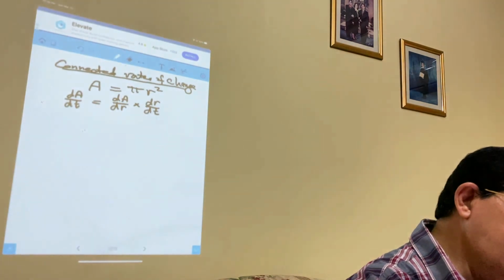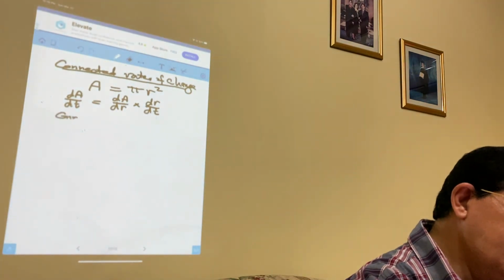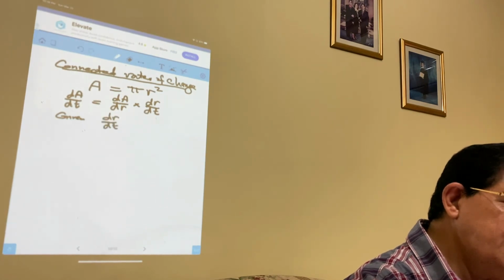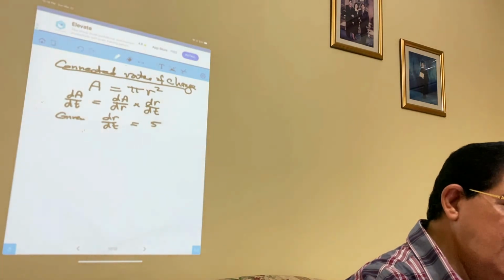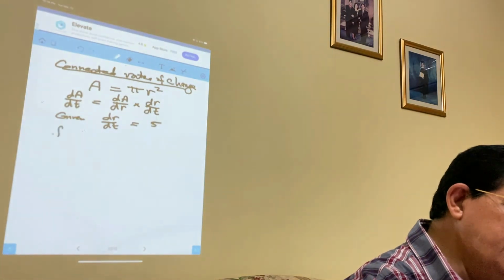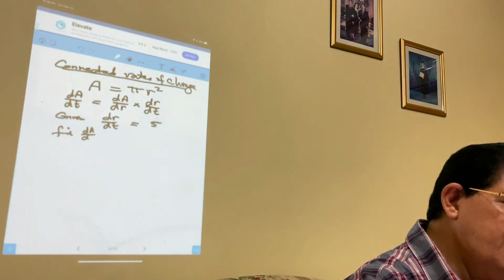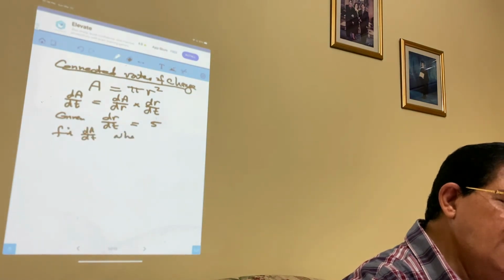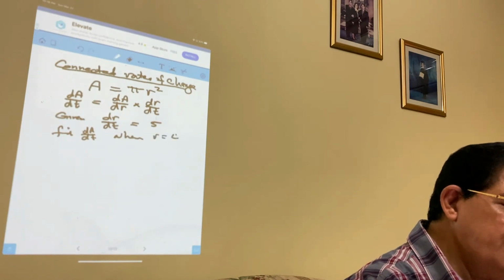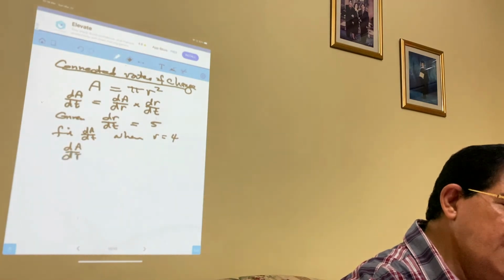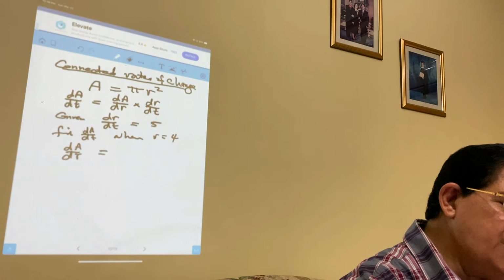Therefore, if it is given that dr by dt equal 5, and we are asked to find dA by dt when r equal 4, we say dA by dr equal differentiation 2 pi r.